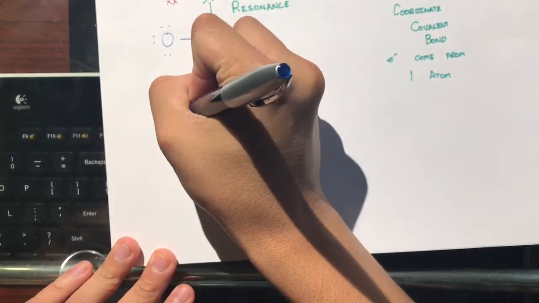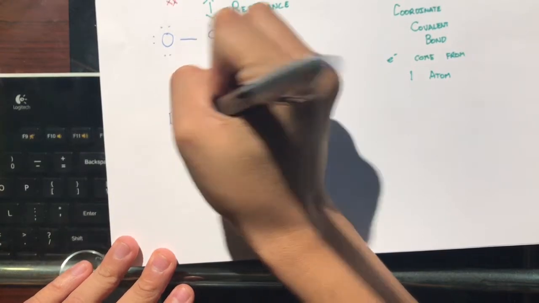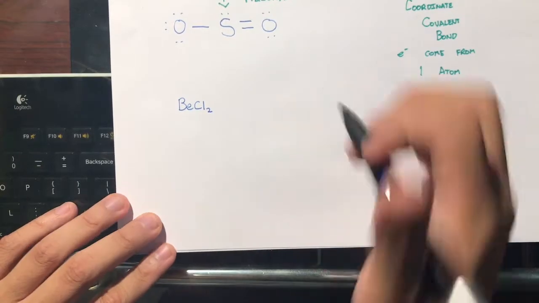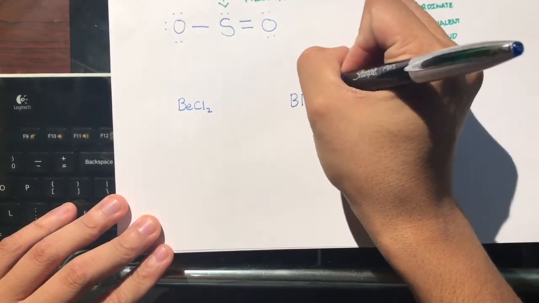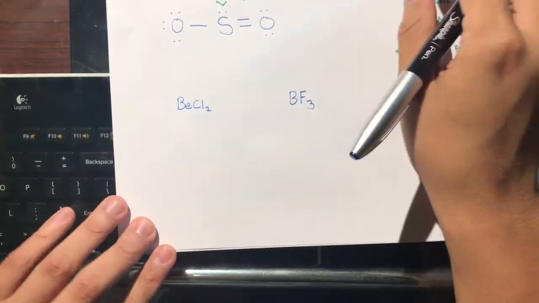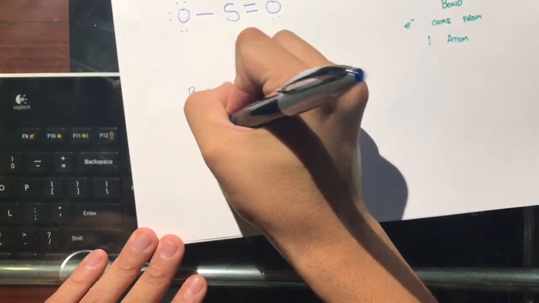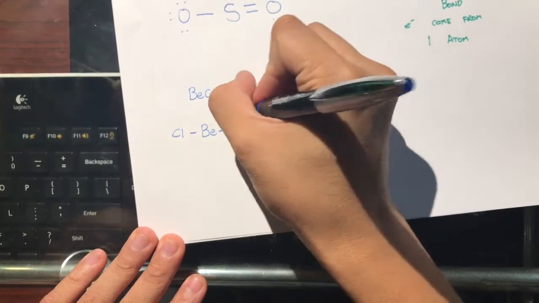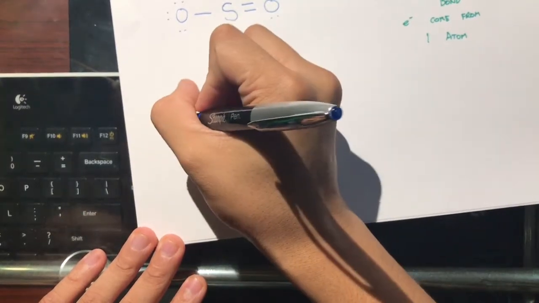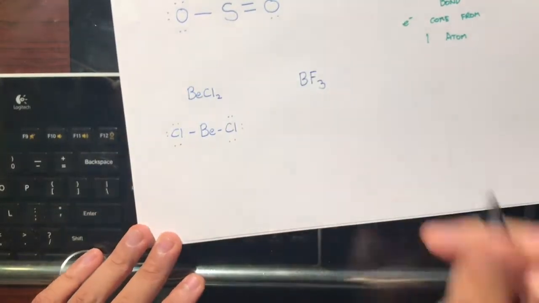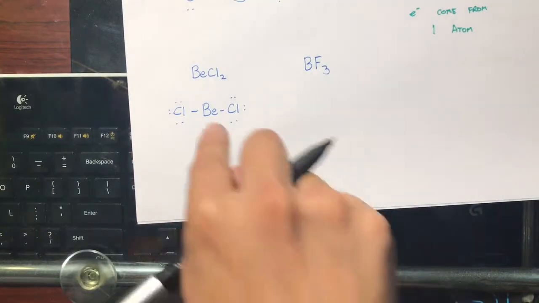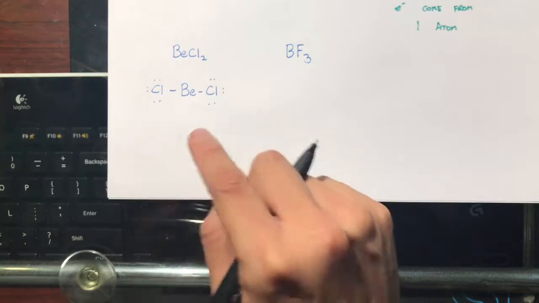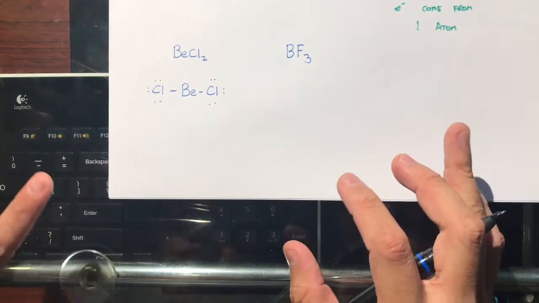Okay, but the notable exceptions that IB talks about are beryllium, and the other one is going to be boron. Beryllium and boron are weird in the fact that they are happy not being in an octet. So if we draw the Lewis dot structure for beryllium chloride here, this is what it looks like. And again, you might be like, but Mr. Reed, there's no 8 electrons around the middle Be. I know that.